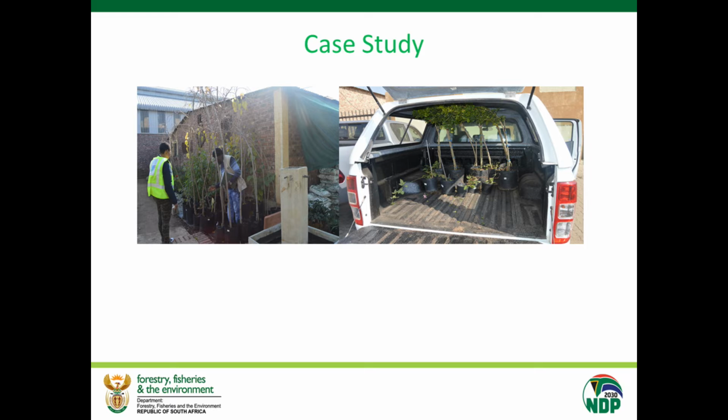Then if we lose, it means these plants need to go back to the owner. But if we win, like here, it means now we will have to destroy these plants.